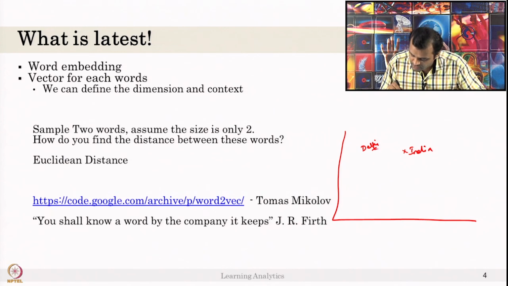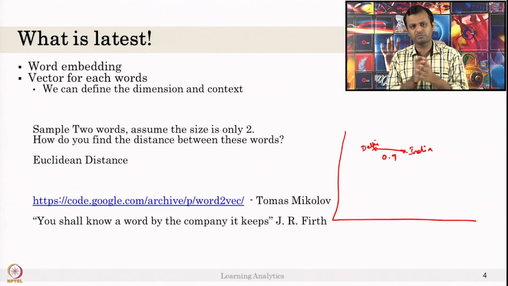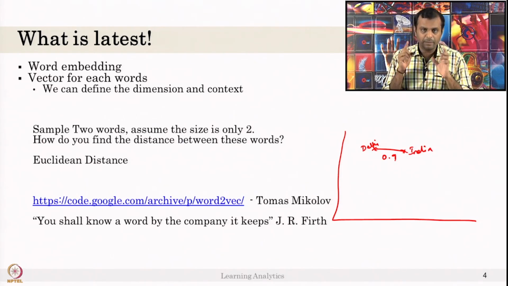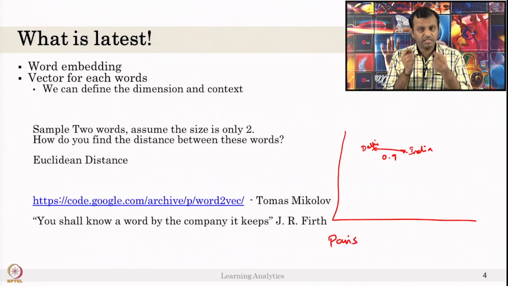Now I identify the distance between these 2. The distance can be, say, 0.9, something like that, very closely associated. Now if I apply Paris, the relationship between Delhi and India, this 0.9, tells you whether it is a capital, or an enemy, or another country or something like that. This number tells you that.